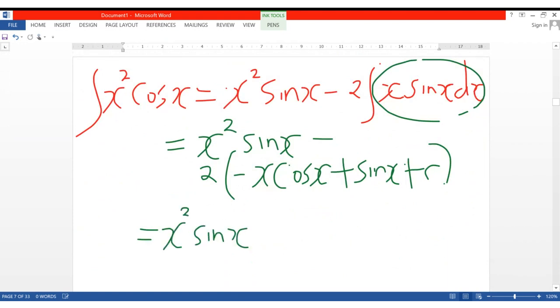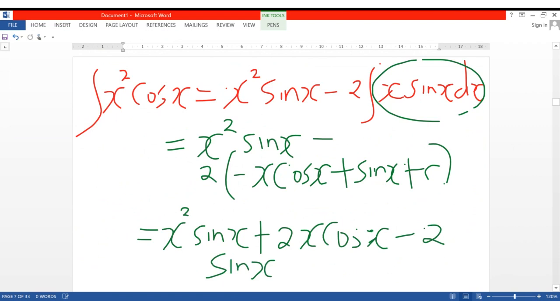A negative times a negative gives positive 2x cos x. A negative times 2 times positive gives negative 2 sin x, and finally negative 2c.